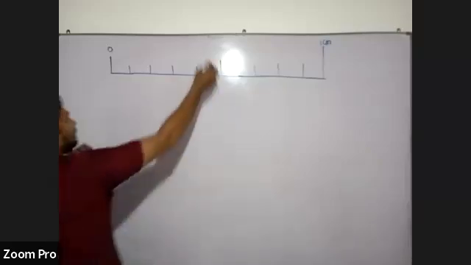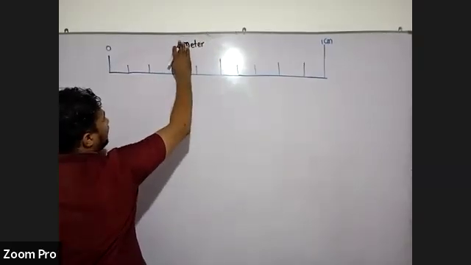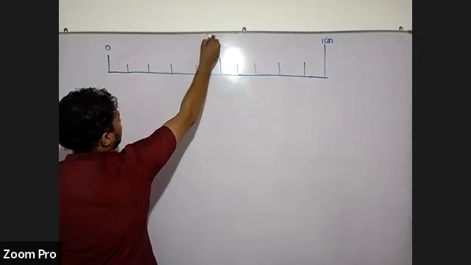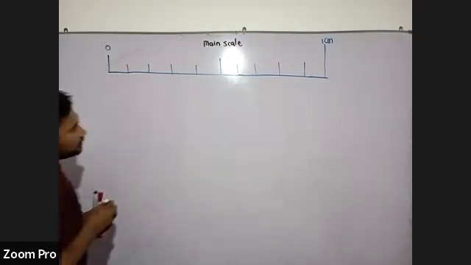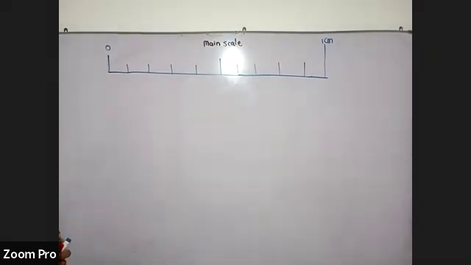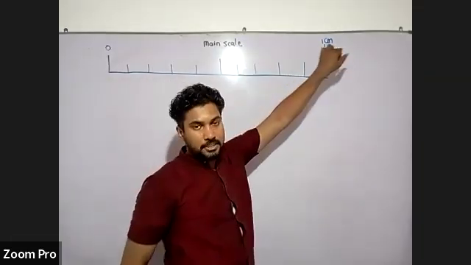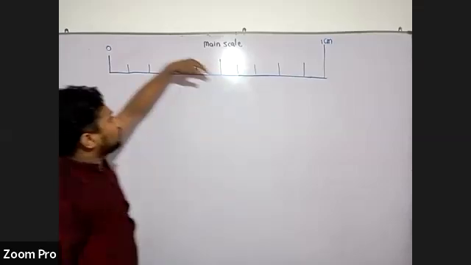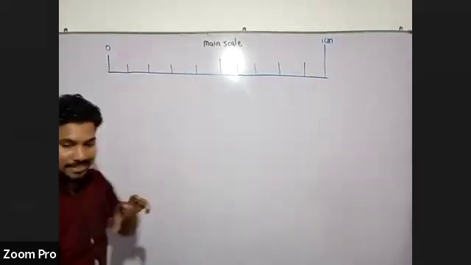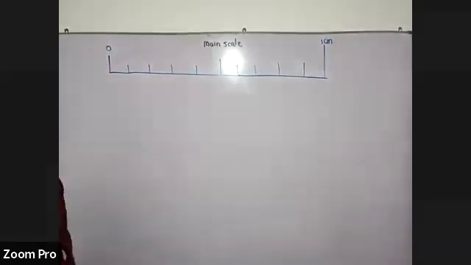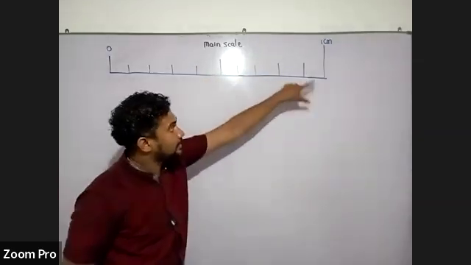Let's assume that the scale mentioned in the meter ruler is the main scale. According to this diagram, this is the 0 centimeter division, and this is the 1 centimeter division, right? This 1 centimeter length is further divided into 10 divisions, isn't it? 1, 2, 3, 4, 5, 6, 7, 8, 9, 10.